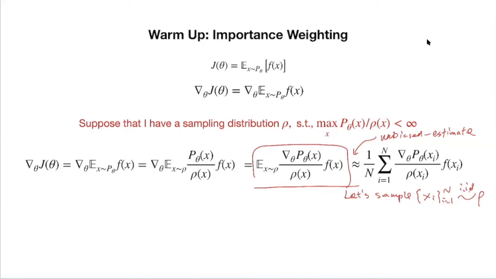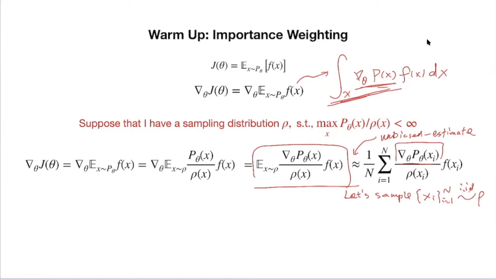If you just directly do this, you're going to do an integral over x of the gradient of P theta times f x. You're going to evaluate this for every x, and then do the integral. Here, when I compute this, I'm just computing the gradient at the points where I sampled. I really don't want to do this integral. So the hard part of the previous approach was the integral; the derivative was not hard. Yes, the derivative can be easy.